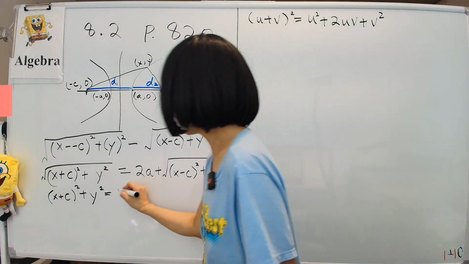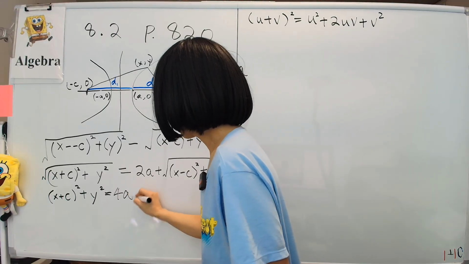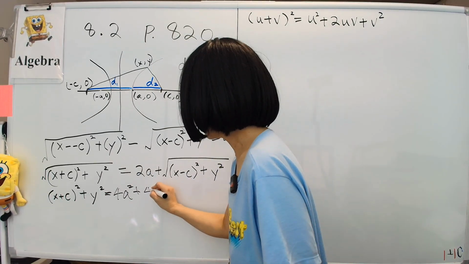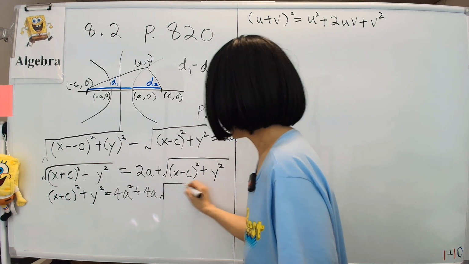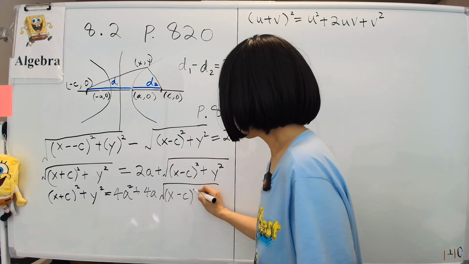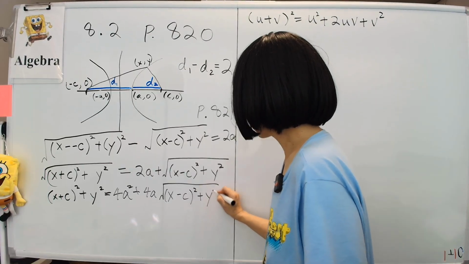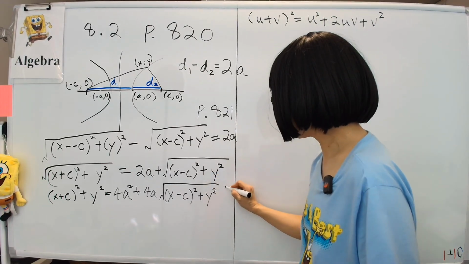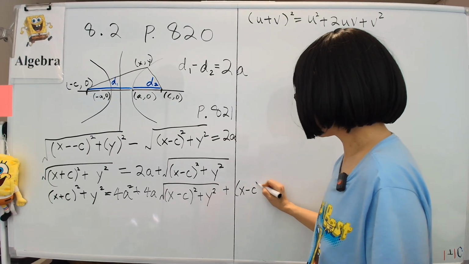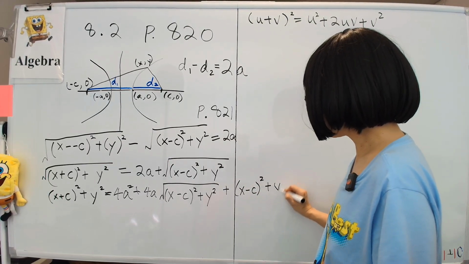So that will be equal to 4a squared plus that times 2, that will be 4a times the square root of x minus c squared plus y squared, and then this thing squared, which is plus x minus c squared plus y squared.